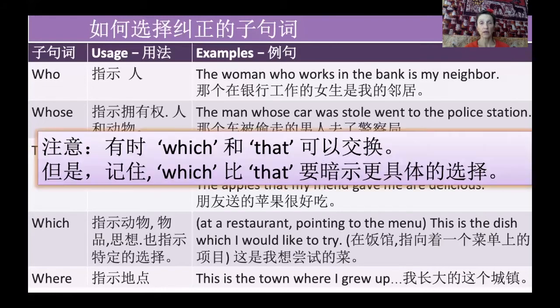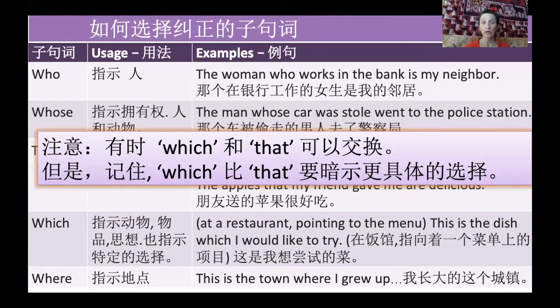Okay. So a couple of things. 注意，有时 which can be used in place of that. Okay, so sometimes you can use which instead of that, but more often you use that. Okay, most of the time, 经常 you're going to use that.